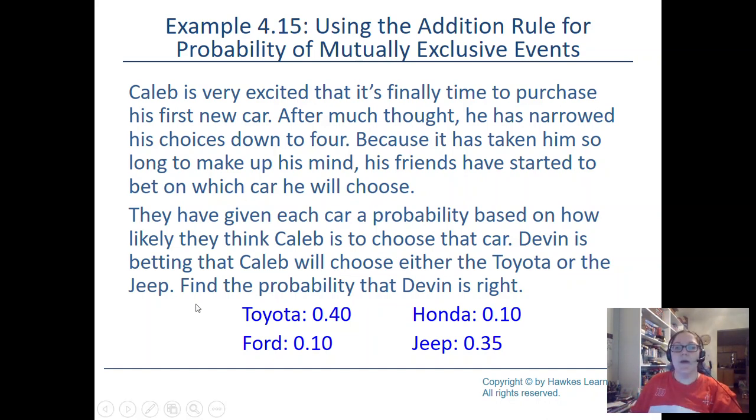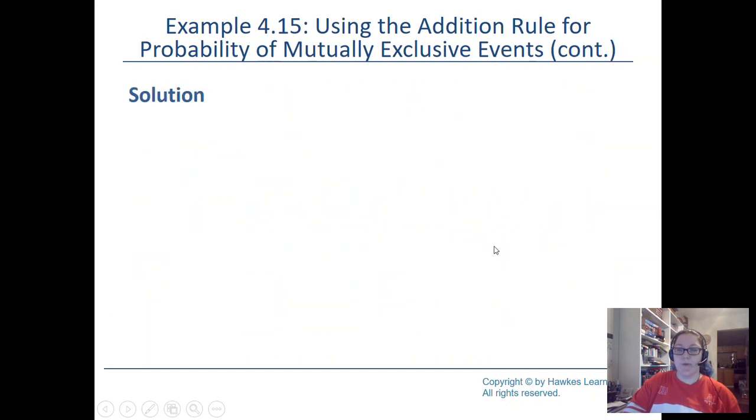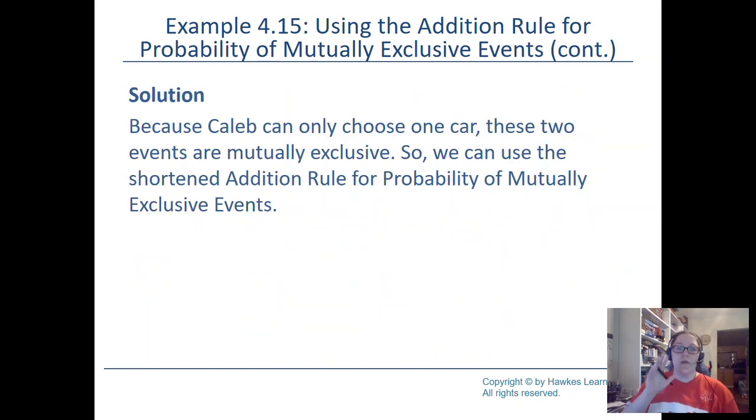And I want to know, again, that he will choose a Toyota or a Jeep, okay? So he has to only choose one car, right? Like, nowhere did it say he's allowed 2 cars, because he can only drive one at a time, right? So Caleb can only choose one of these cars. So these 2 events are, no matter what, going to be mutually exclusive events.